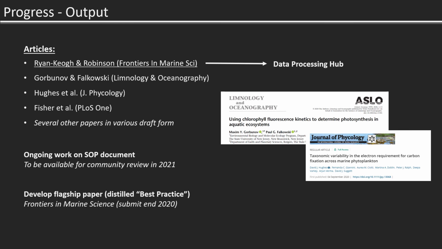We are all working on the document of standard best practices, and we hope that a first version will be available for community review in 2021. In parallel to this very long standard best practice document, we are writing a review article which touches on all these aspects, which we will discuss in the standard operating procedure document, and that will be submitted to Frontiers, hopefully by the end of this year.